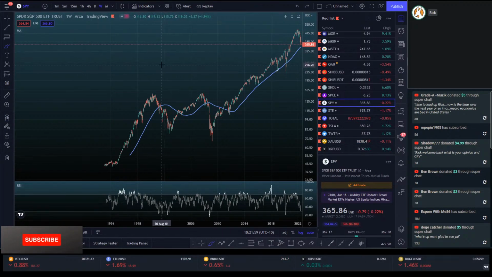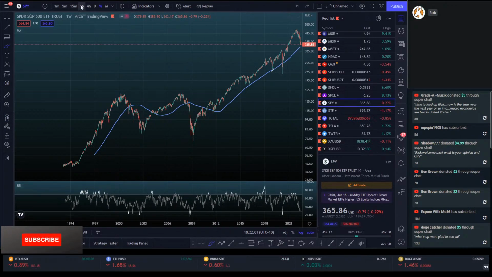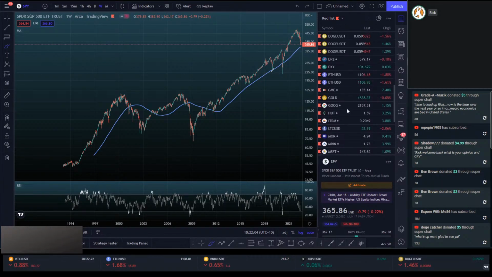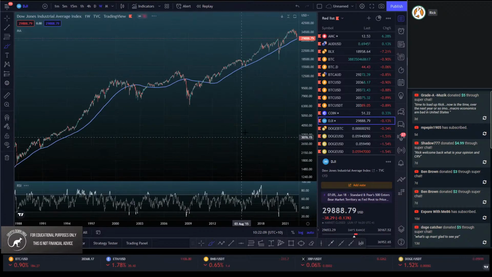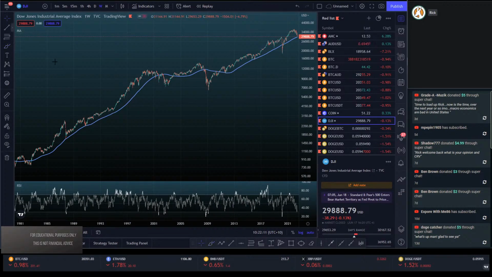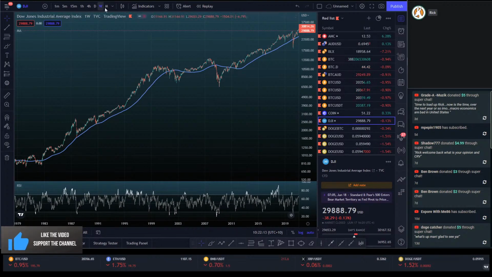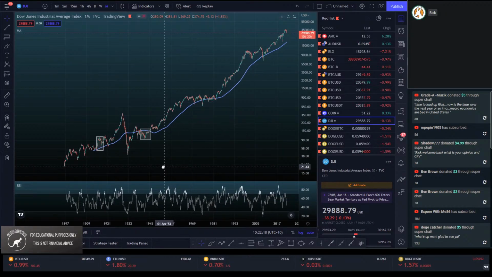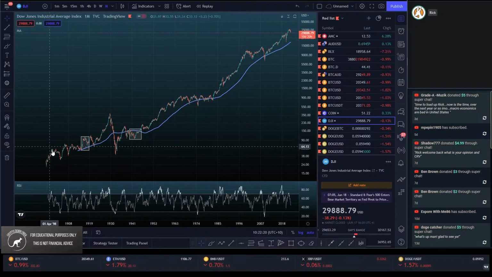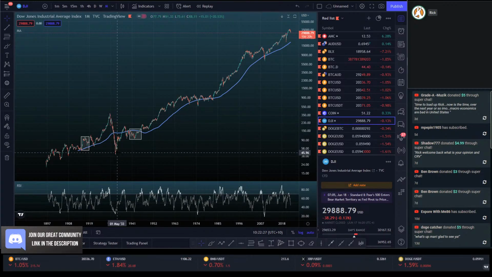But if you look at the entire lifespan of markets, I think the Dow Jones, the DJI, is the best one to look at. All through the 1900s, and the Dow Jones history on this chart goes back to the late 1800s, you can see it's made up of lots of crashes, but the growth and recovery is always stronger.